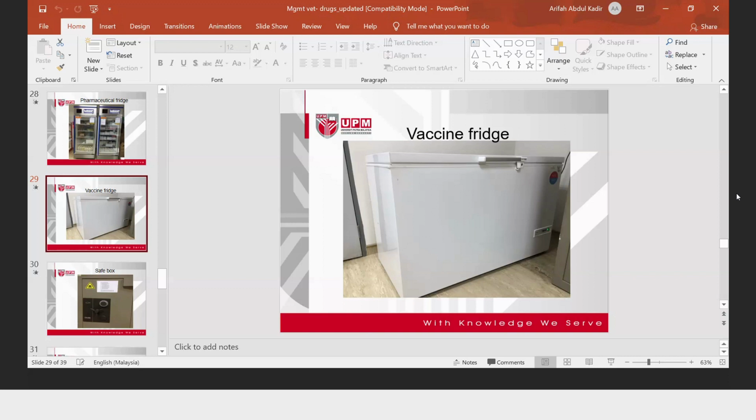Drugs usually ada expiry date, tapi consumables such as the swab, lepas tu some bandages, elastoplast, yang tak ada expiry date will be recorded in the green card. Sebab tu dalam green card tu tak ada column expiry date. Itu je beza dia. That's the only difference between red and green. Okay, boleh.